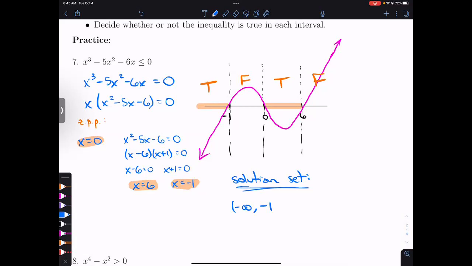Include or not? Brackets or parentheses? Bracket because it's less than or equal to, right? Okay. And then we skip over some stuff and then we pick it up again later. So union. Everything between 0 and 6. Closed interval 0, 6.